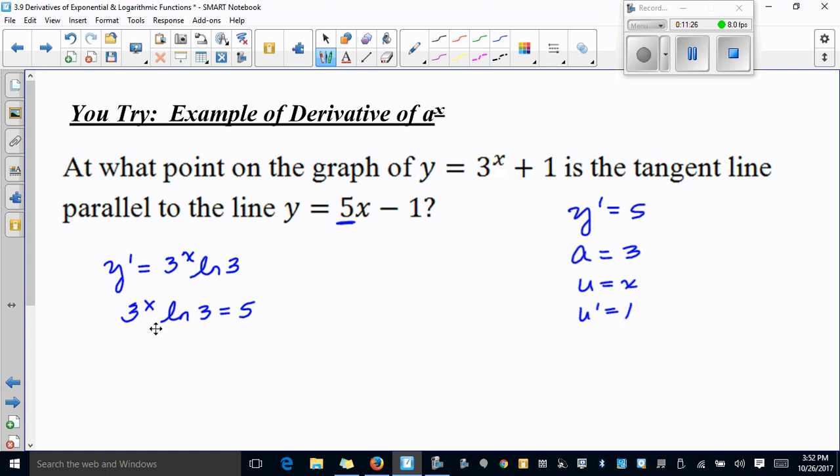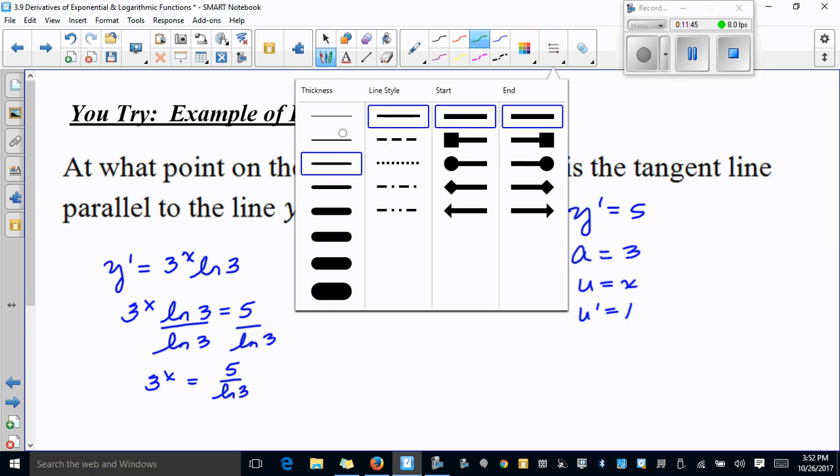And I'm going to purposely change colors here. I'm going to natural log both sides. So I have natural log of 3 to the x equals natural log of 5 over natural log of 3.